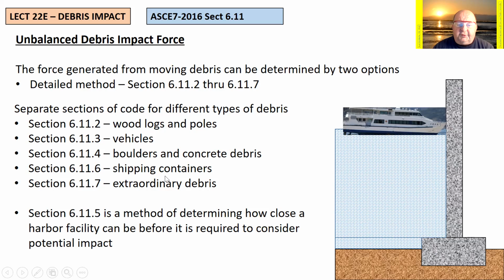There's one for shipping containers, and there's one for extraordinary debris, which covers a wide variety of miscellaneous items. You'll notice that there's a section missing, which is 5. 611.5 is actually the part of the code that tells us when we are close to a harbor and a port facility, and we need to consider the potential impact of those items.